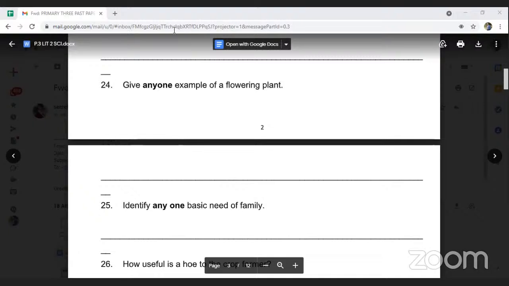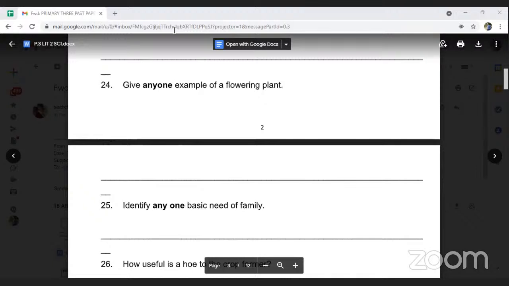Water. Raphael, can you tell us one basic need of a family apart from clothes and water? Food. We have food. Food should be the first because it is very serious. You can't stay in a family without food.